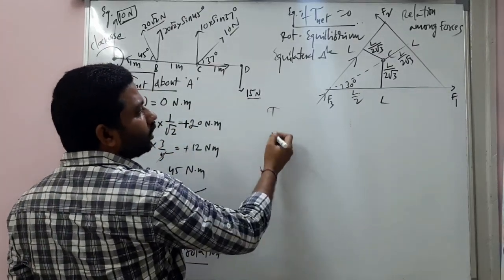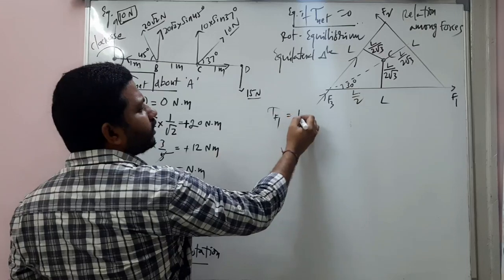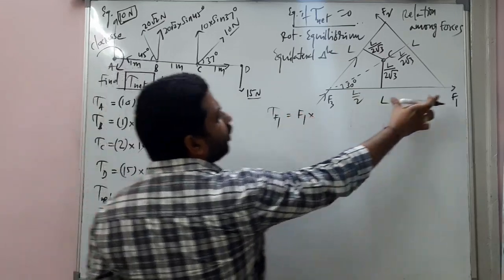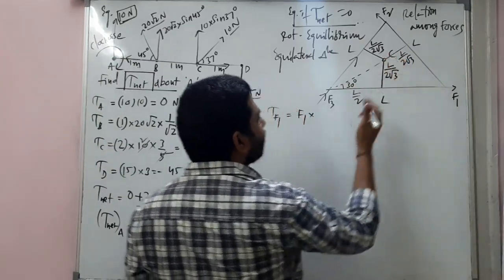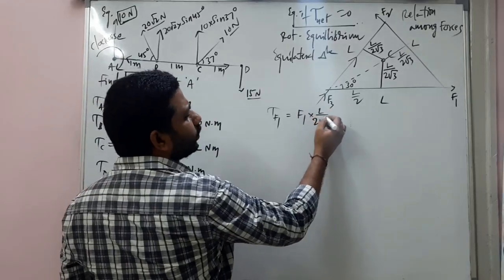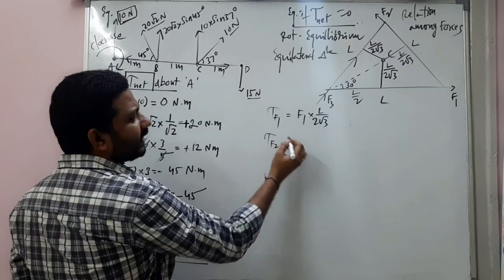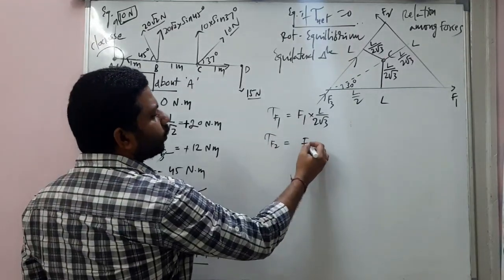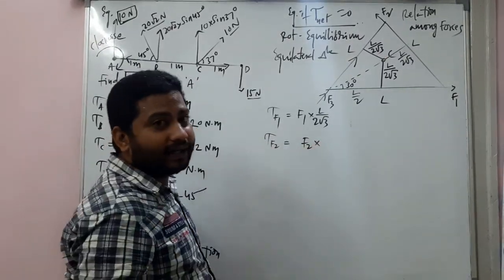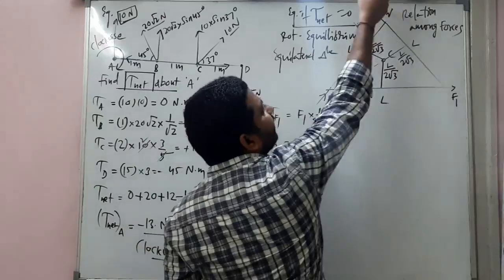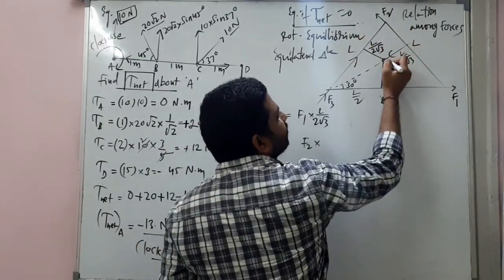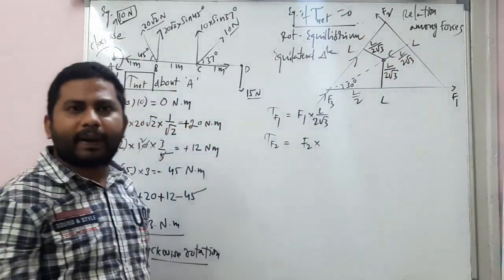Torque due to the first force F1 is force into perpendicular distance, which is L by 2 root 3. In the same way, torque due to the second force F2 is F2 into L by 2 root 3. Torque is force into perpendicular distance.